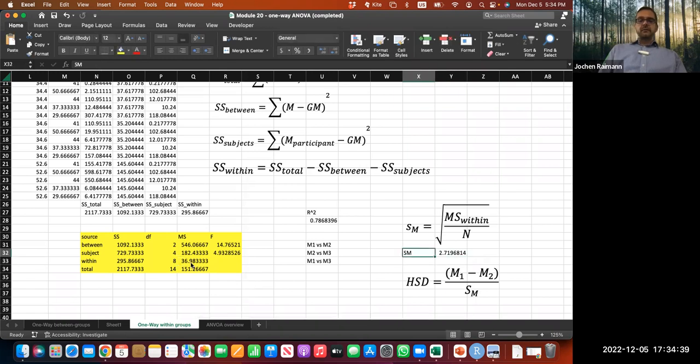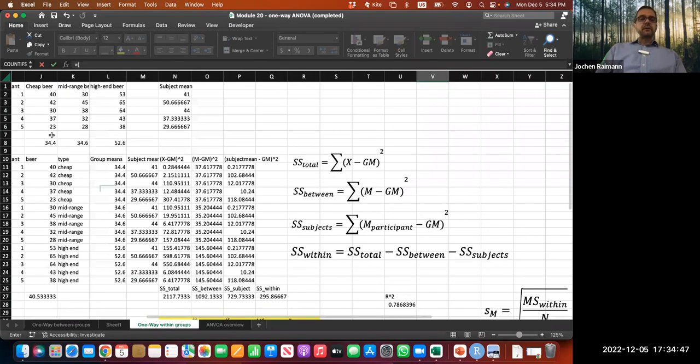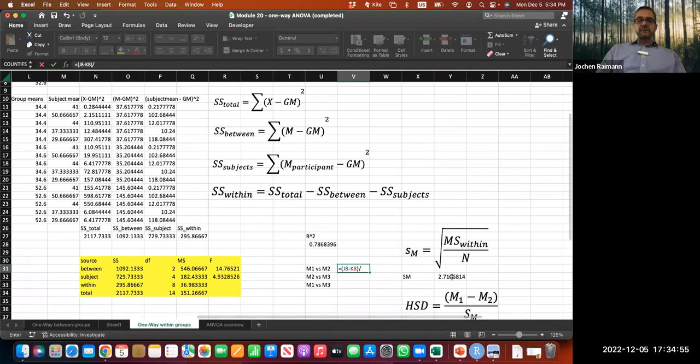That gets us an SM of 2.7. So if we're taking now M1 minus M2, that's 34.4 minus 34.6 divided by 2.7. That's minus 0.06, or 0.074.